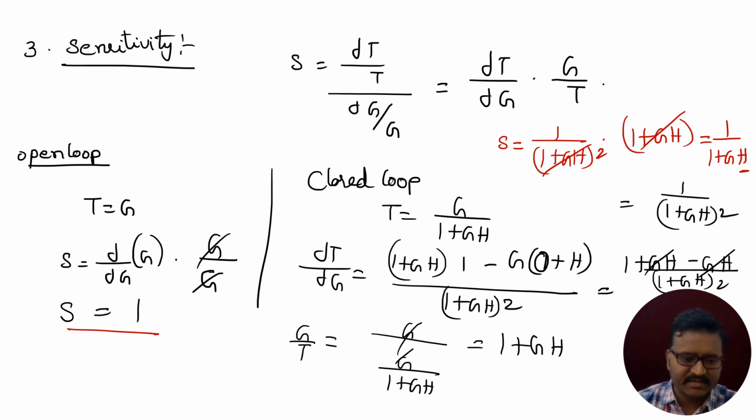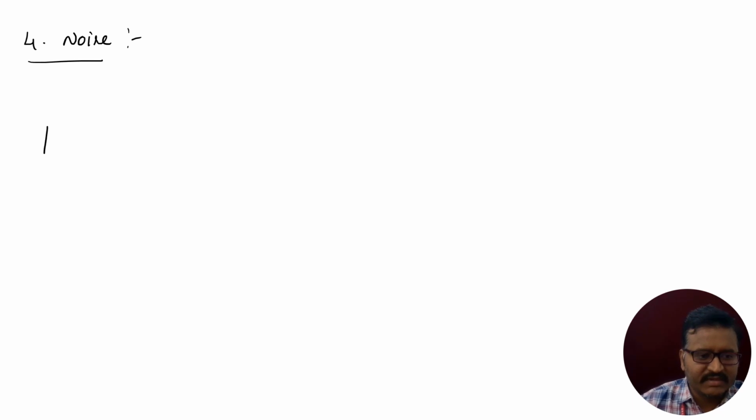The next parameter is noise, external disturbance. If we consider an open loop system, it is like this. Let us say this is some G1, and here there is a chance to get noise.